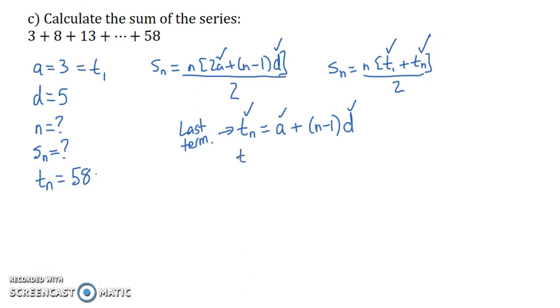So Tn is equal to a plus n minus 1 times d. Tn is going to be 58. a is going to be 3. And d is going to be 5.